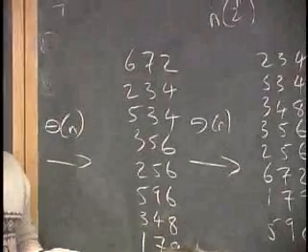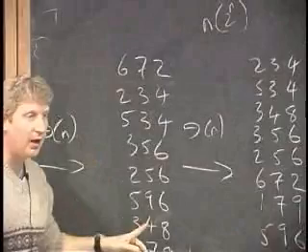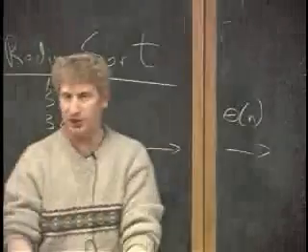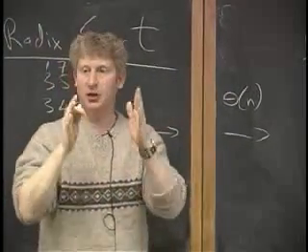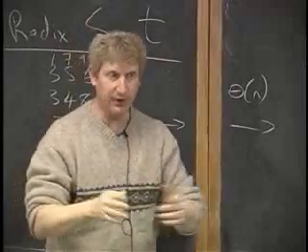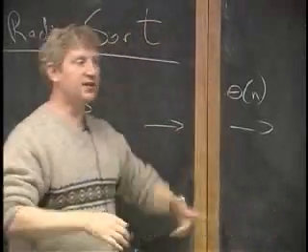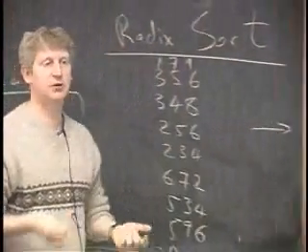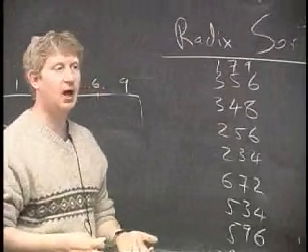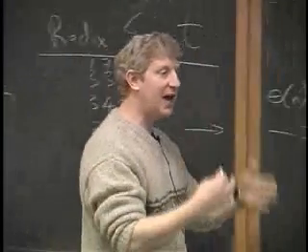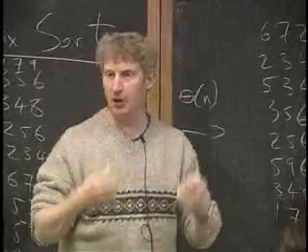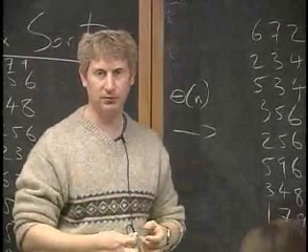That's terrible. So radix sort is only worthwhile when the number of digits in your number is constant relative to the number of numbers you have. It's a similar kind of constraint to counting sort and bucket sort. Basically, a restriction on the size of the number with respect to the number of numbers that you have.